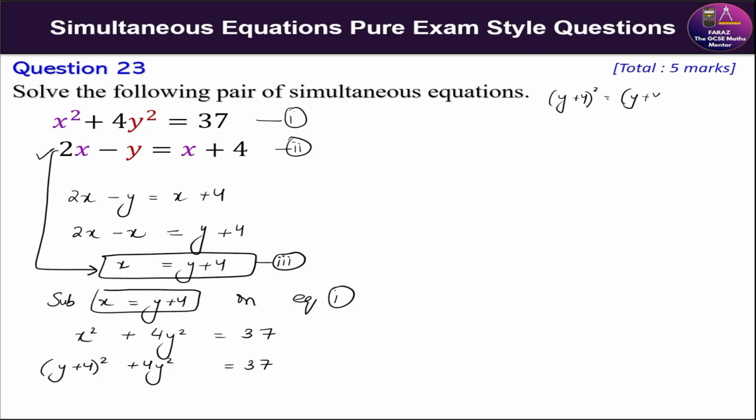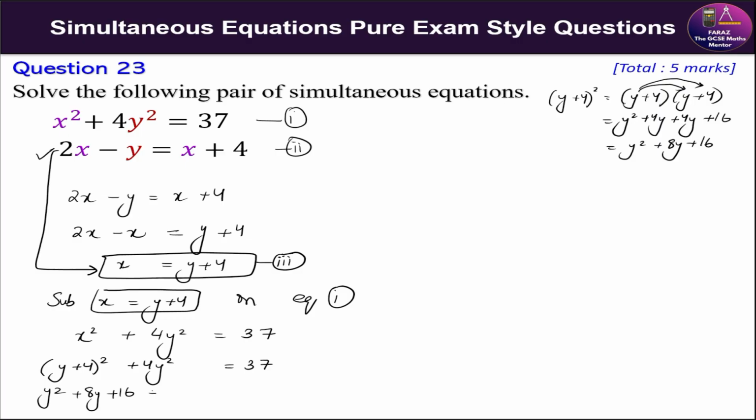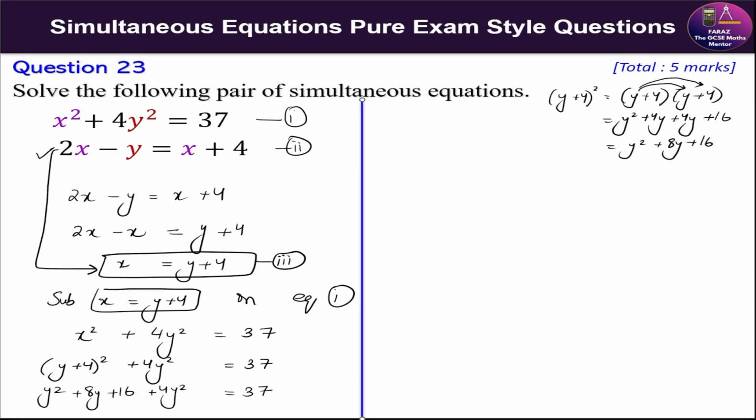So y plus 4 times y plus 4, which means y into y is y square, y into plus 4 is plus 4y, plus 4 into y is plus 4y again, and plus 4 into plus 4 is plus 16. So we will have y square plus 8y plus 16 plus 4y square equals 37.